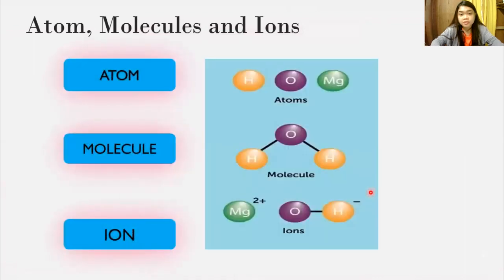To further illustrate, here we have examples of atoms, molecules and ions. We must remember that all particles can be an atom, molecule, or ion. So either of the three.